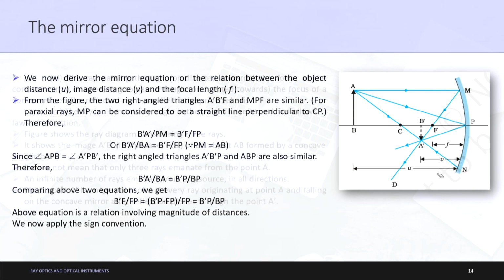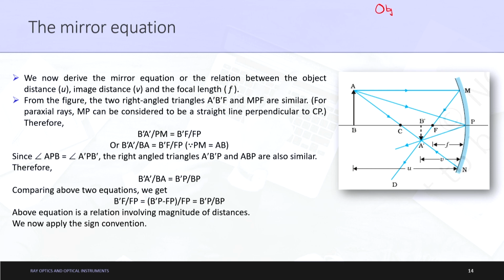Okay. We now derive the mirror equation. This is a very basic and very important equation for this complete chapter. We derive the relation between the object distance u, image distance v and focal length f. So what are the notations here? Please remember this.